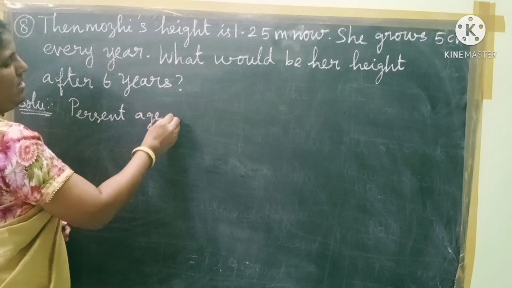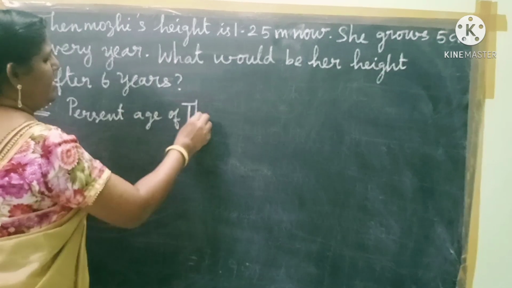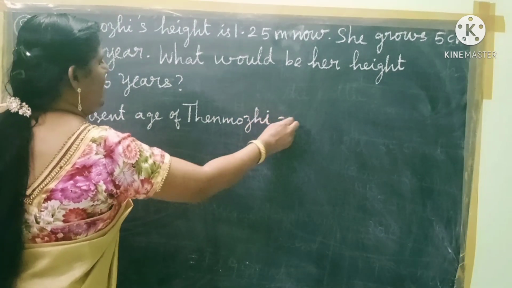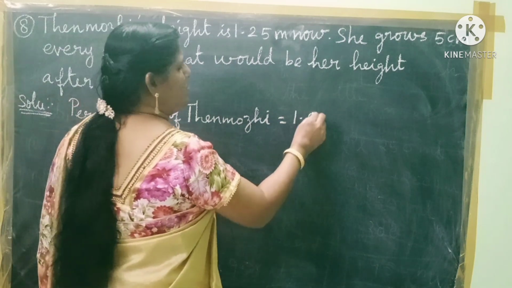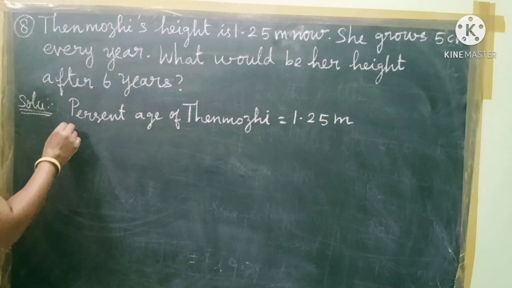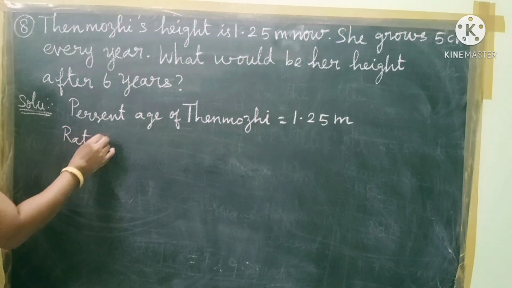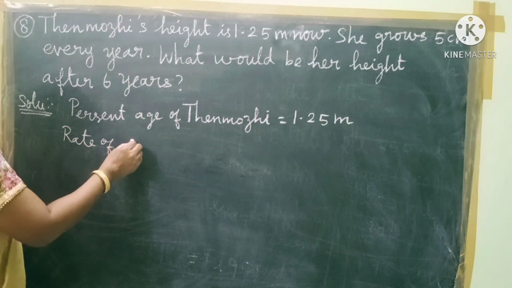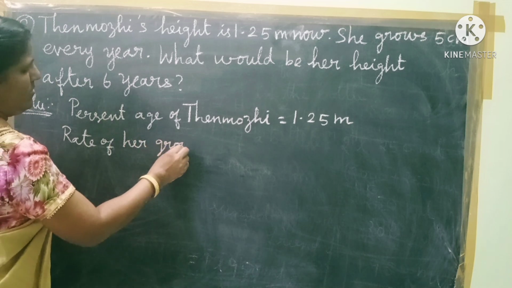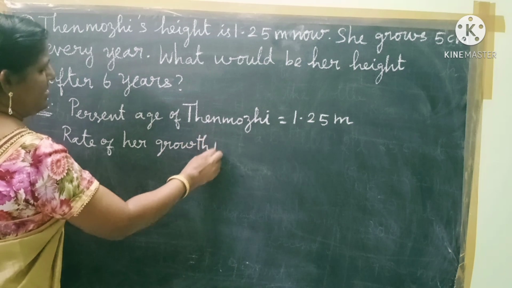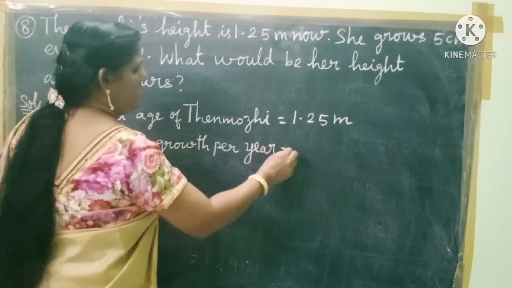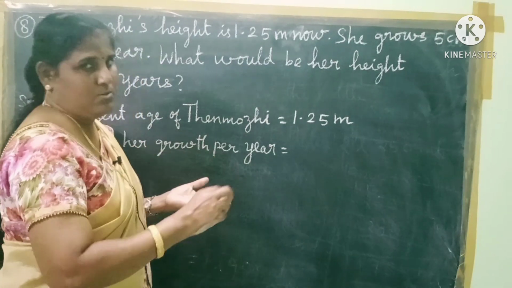First, present height of Tenmozhi. How much? 1.25 meter. Okay. So rate of her growth per year. Every year how much did she grow?